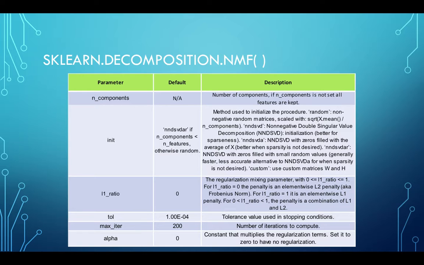L1 ratio is the regularization mixing parameter, and its range is 0 to 1. The tolerance is the tolerance value used in stopping conditions. Max iter is the number of iterations to compute. Alpha is a constant that multiplies the regularization terms.